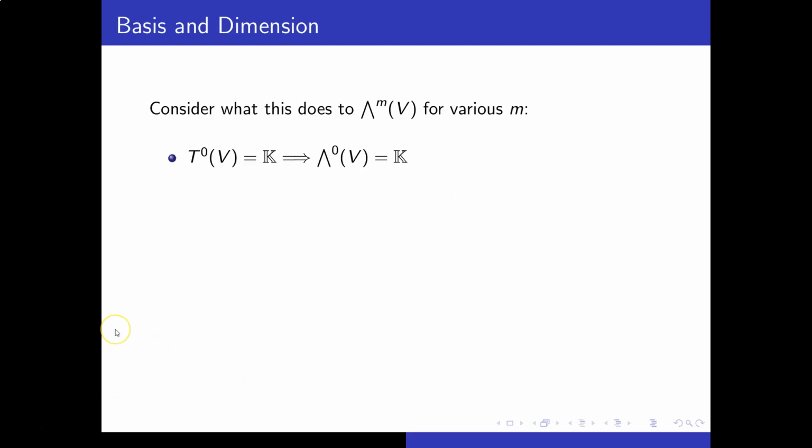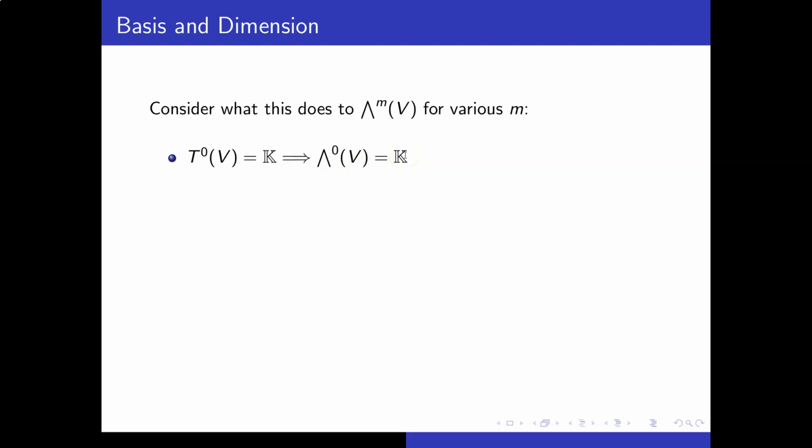All right, so let's talk about basis and dimension. So we've seen the tensor algebra. We managed to basically build up a basis by taking the tensor of basis vectors with basis vectors. Well, what's going to happen here? All of our relations in the ideal dealt with using at least 2 vectors. So in particular, the 0th tensor power, which is always defined to be the base field, is not going to change when I mod out by the ideal.